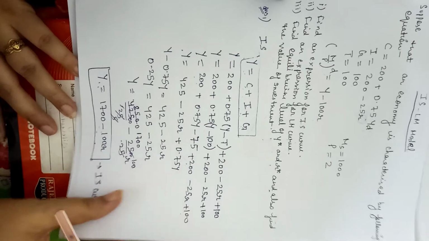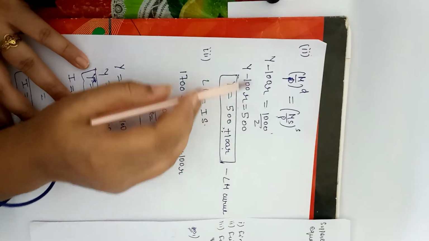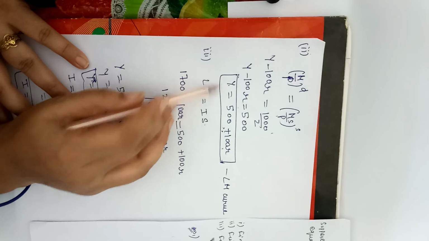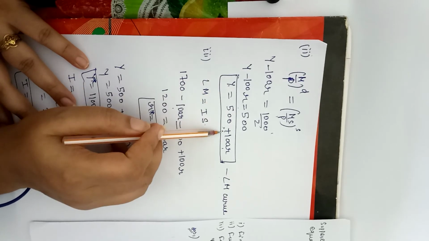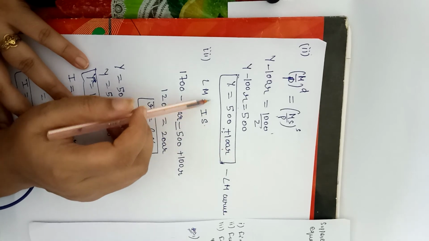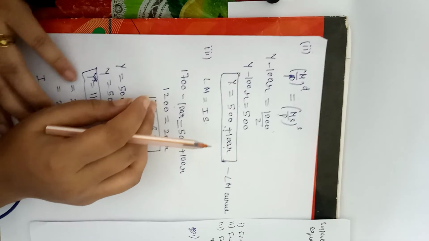Now for the LM curve, we know that the demand for money is equal to the supply of money. So we will substitute these two and calculate the relationship between income and rate of interest, and it should be positive, as LM is positively related to the rate of interest, and IS is negatively related.